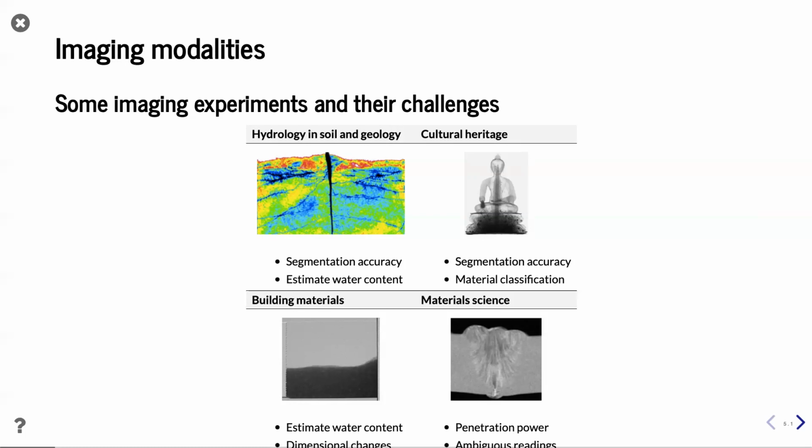Then we have building materials, water rising in some porous medium. And again, we have the porous medium example, which is a material science example, where we actually look at crystalline structures within the material. In these cases, we also have problems with penetration power or maybe ambiguous readings. So it's always about improving accuracy.